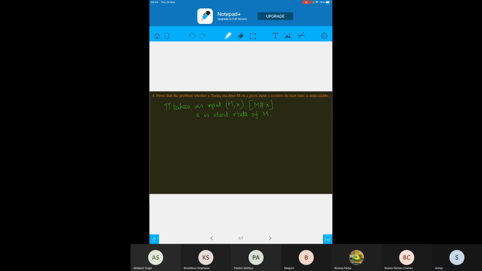So decide if M re-enters S on X. Decide meaning you have to check if there exists a total Turing machine solving pi. Solving meaning there is a decider for pi.